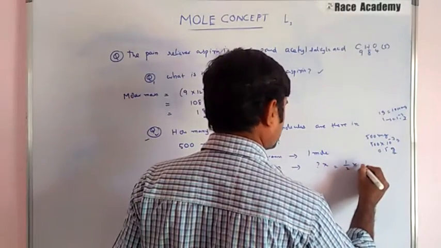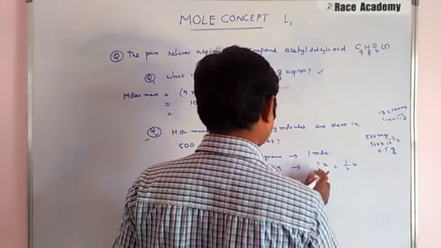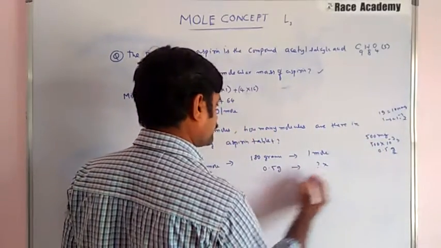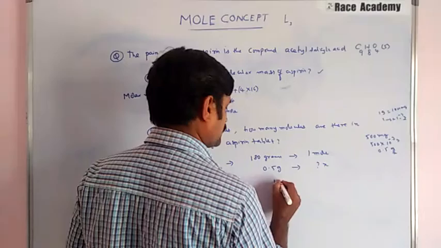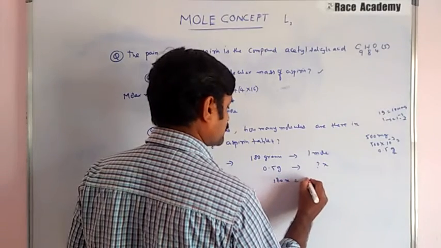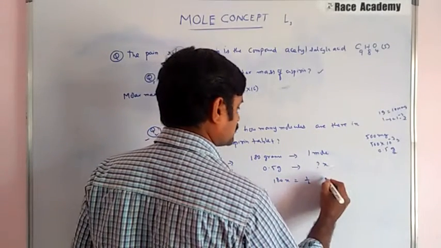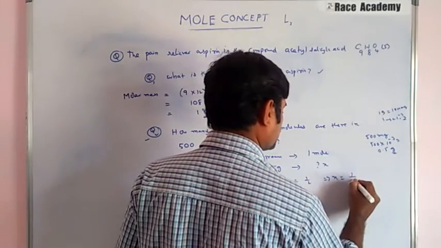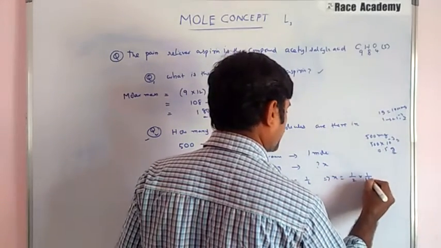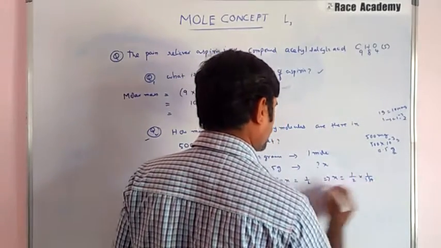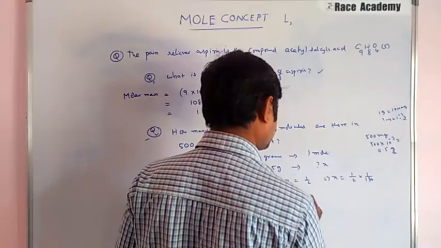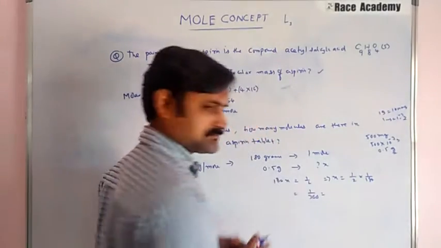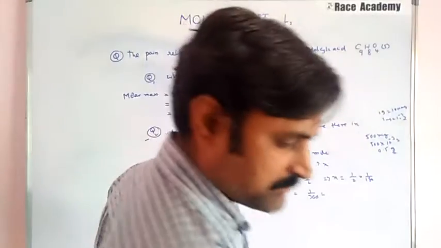If you do cross multiplication, 180 into x is equal to 1 by 2. So what is x? x is equal to 1 by 2 into 1 by 180. So it is 1 by 360.